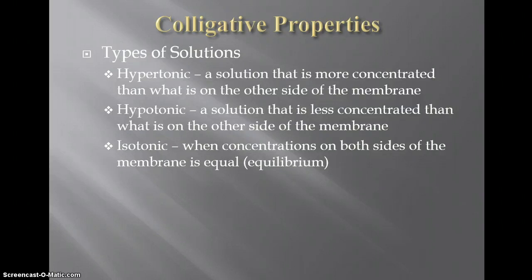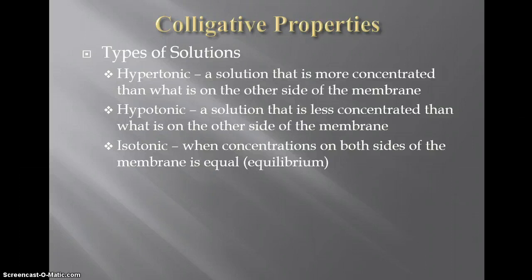A common example of this, and I think you even have a picture of this in your book, is if you've ever been to the hospital and they hook you up to an IV. Typically the fluids that they use in an IV solution are more often than not isotonic, because they don't want to pump you full of stuff that's going to cause water to leave your cells and your cells end up shrinking, or water to come across that cell membrane into your cells, and then your cells burst, because that could cause some very serious damage to your body.